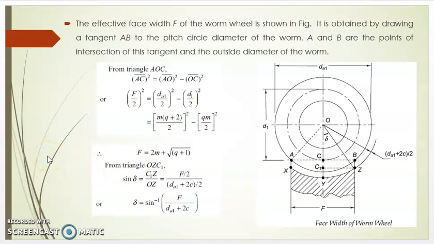From triangle O, Z, C1, sine of delta, this is delta, is C1Z divided by OZ, which is equal to F divided by 2 divided by (DA1 plus 2c) divided by 2. Therefore delta is equal to sine inverse of F divided by (DA1 plus 2c).